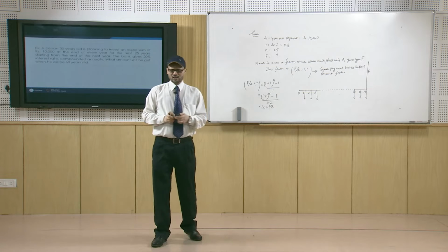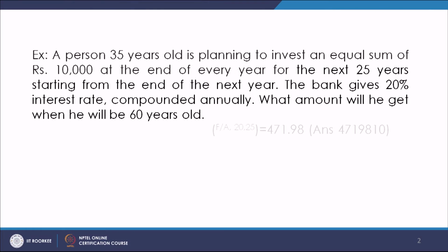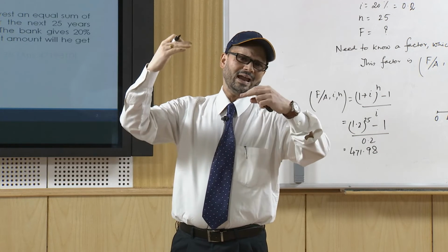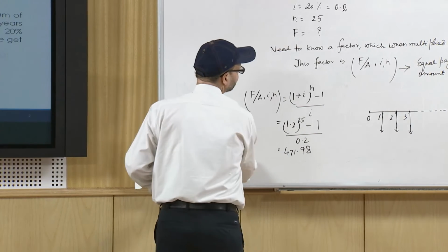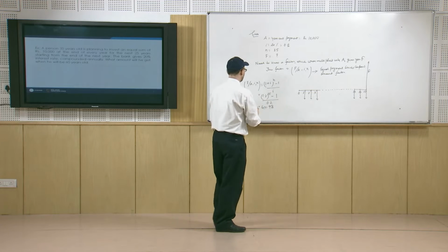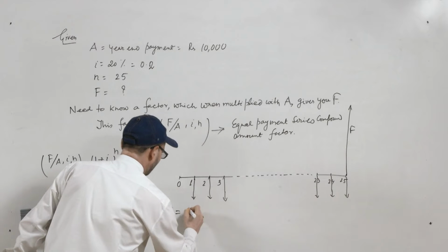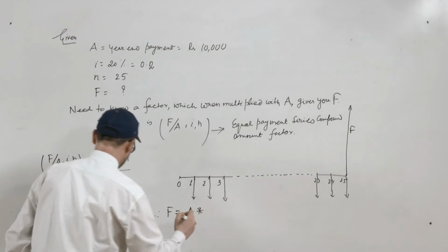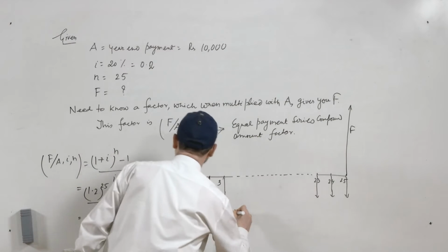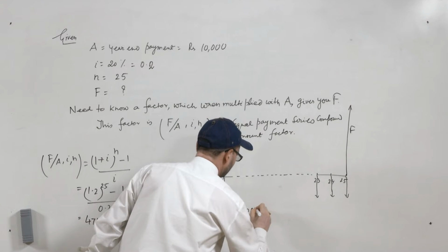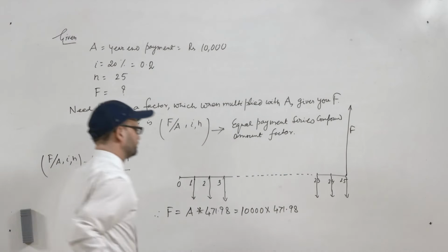Now, this factor is to be multiplied with the amount 10,000, and it will give you the amount which will be accumulated at the end of 25 years. So, F is A into 471.98, that is, A is 10,000 multiplied by 471.98.